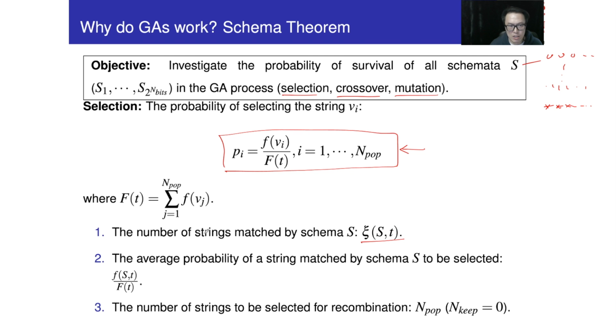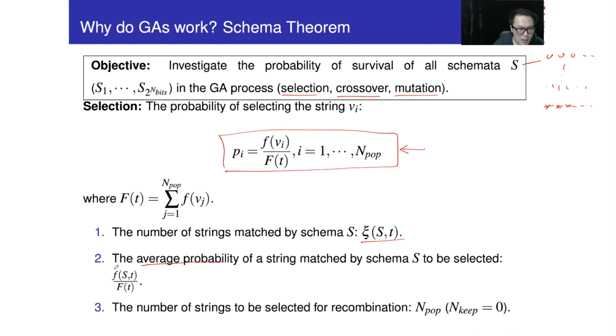Now ZST, again, is the number of strings matched by the schema S at iteration T in the population, and we are also going to define lowercase f divided by uppercase F. The meaning of this is the average probability of a string matched by the schema to be selected.